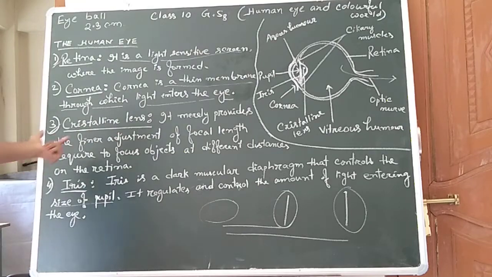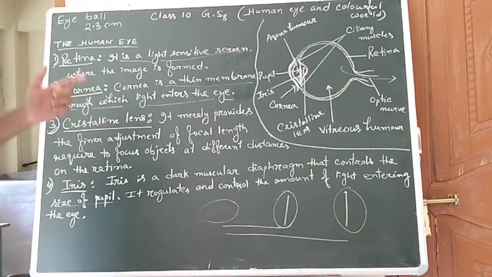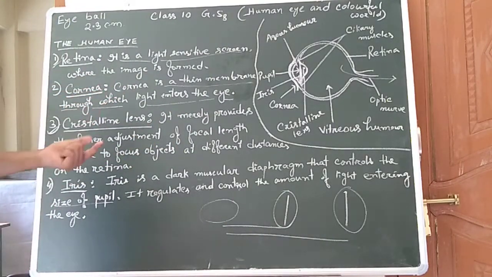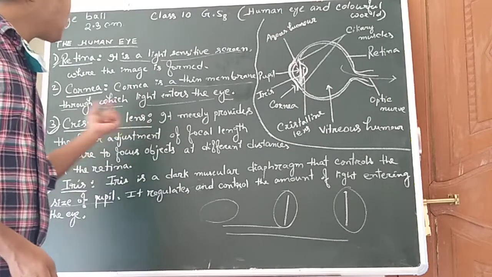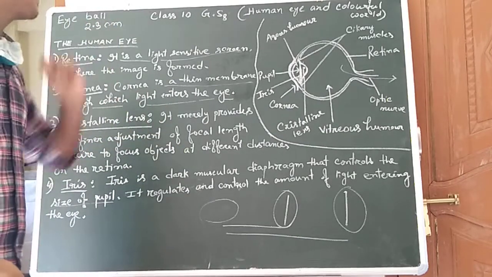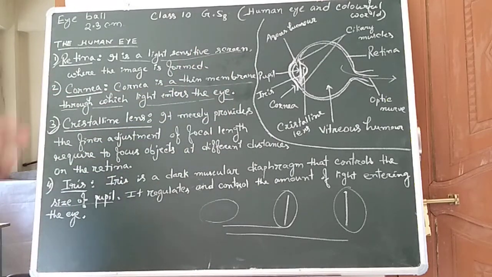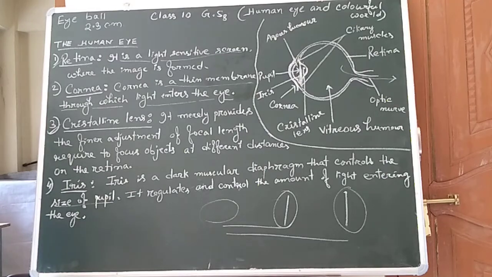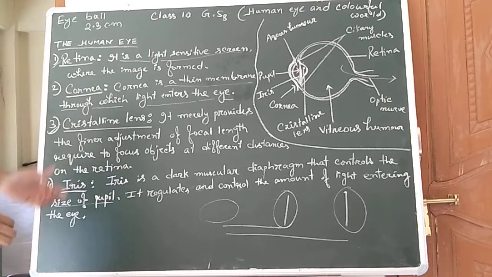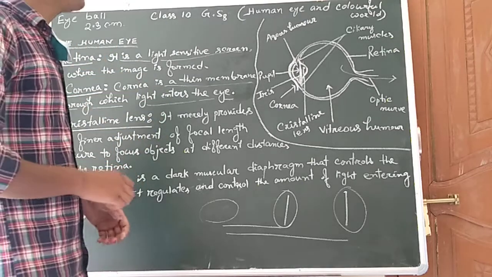It adjusts the focal length, so whichever object we have to see, the crystalline lens focuses on that object and blurs the backward objects, and we are able to see the front object clearly. So the crystalline lens provides these functions. I have already told you that our human eye is like a camera.